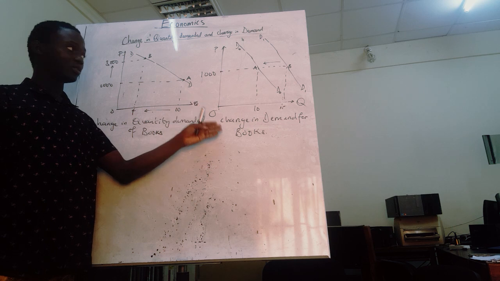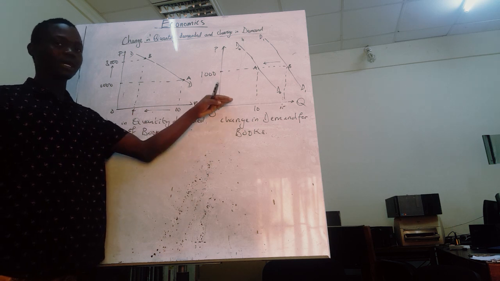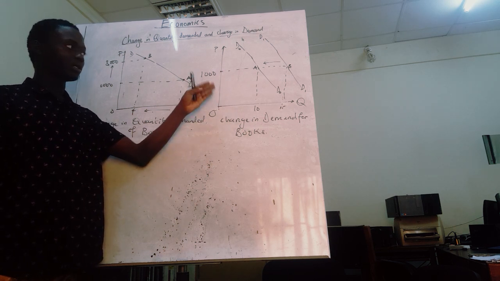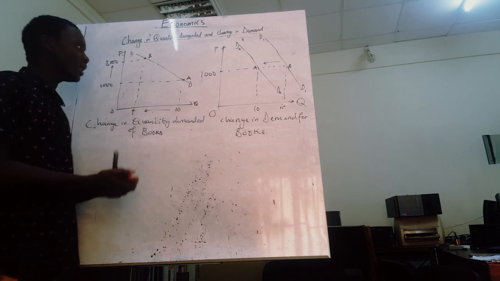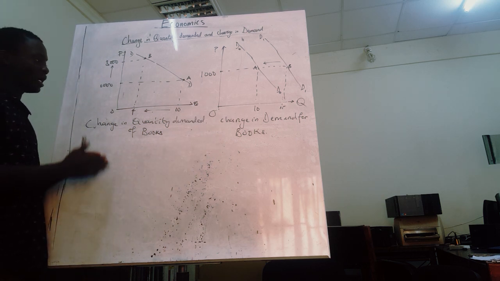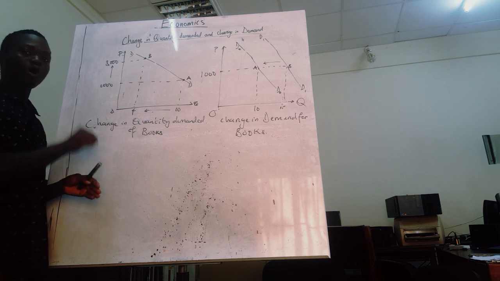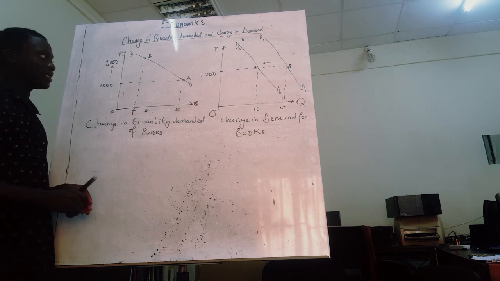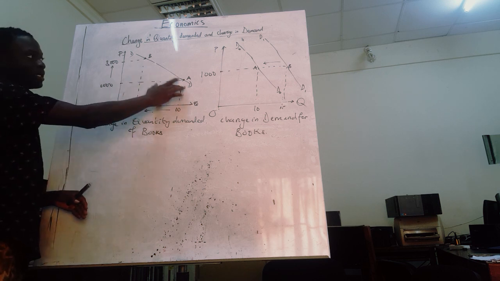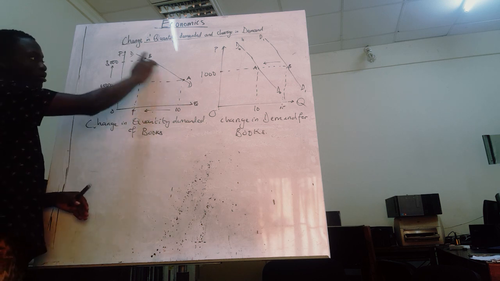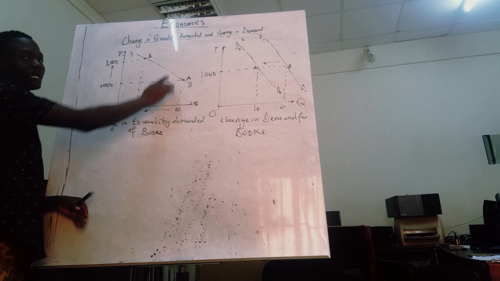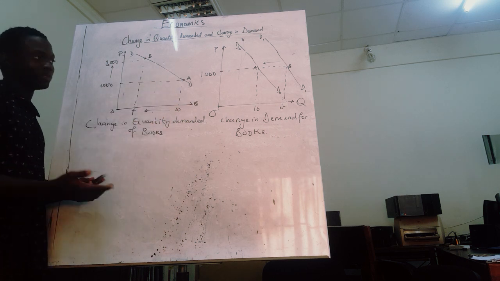An exogenous variable is not inside this graph, it is elsewhere. Summarizing what we have here, a change in quantity demanded results from a change in the price of the same commodity, and that causes a movement along the same demand curve. So that's it.